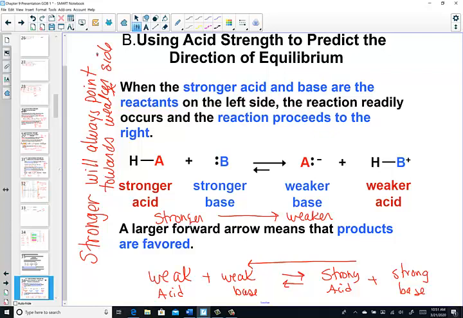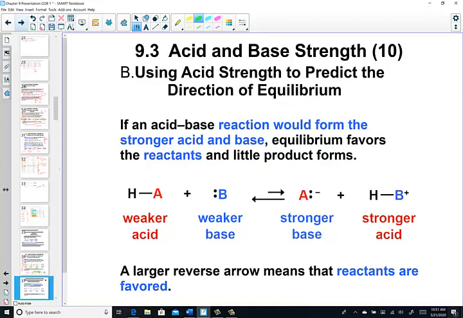So if the stronger acid and the stronger base are on the left side, you'll notice this direction is being favored. If we have the strong acid and the strong base on the right side, this direction would be favored. We have to remember that stronger points towards the weaker side. So if in an acid-base reaction the stronger acid and the stronger base are on this side, we see that the opposite equilibrium is being favored.